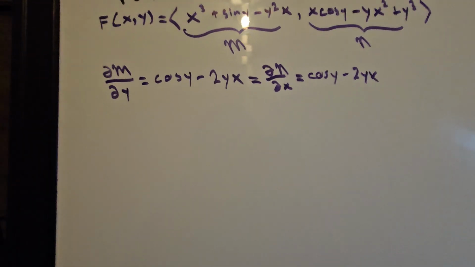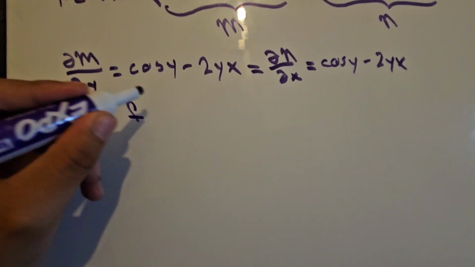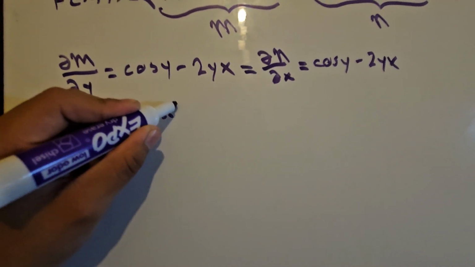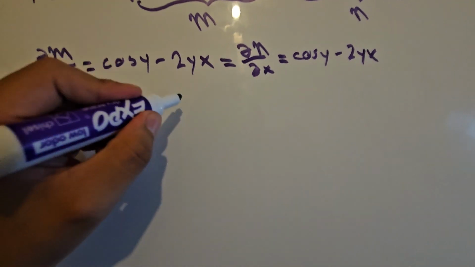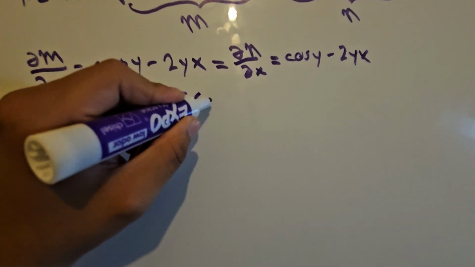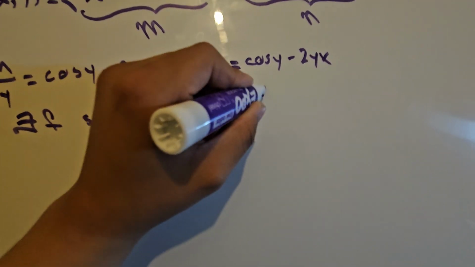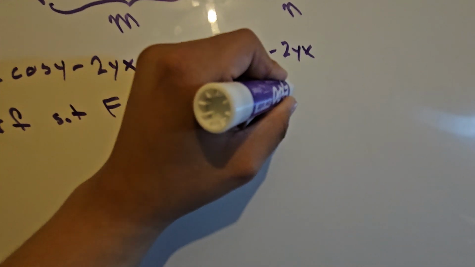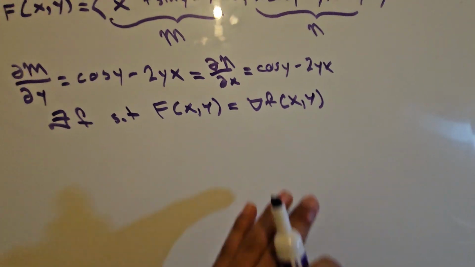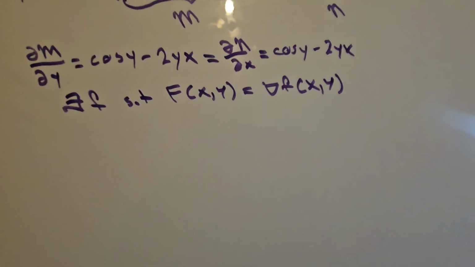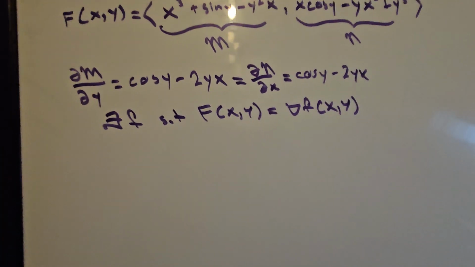So that means there exists a function f such that the vector field is equal to the gradient. I sure hope you remember what the gradient is. If not, go ahead and refresh your memory, but it's not too complicated, and it's not that important for this question.